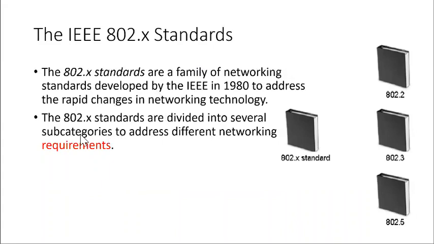The 802.x standard defined by IEEE has subcategories 802.2, 802.3, and 802.5. Each has its own standard defined specifically. So these are for the networking standard. Let us look at it.